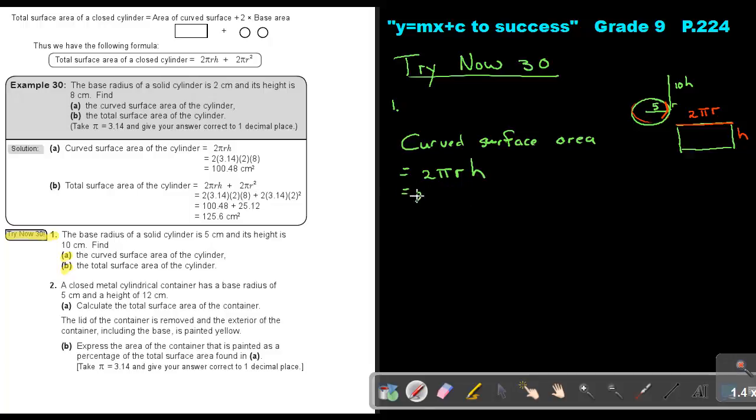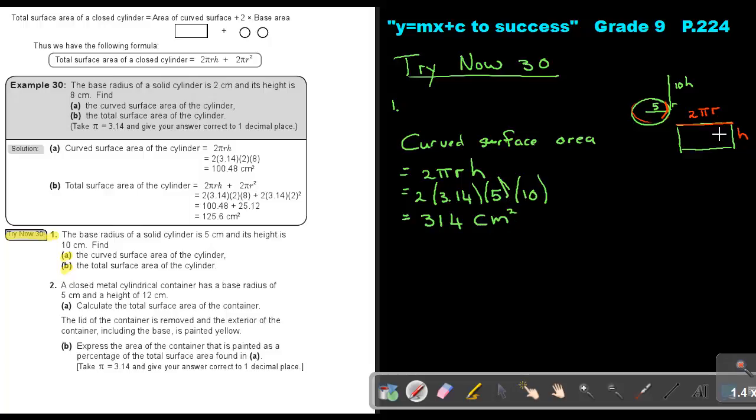Now just substitution. We're going to keep to the 3.14, the radius is 5, and the height is 10. If I multiply all of that out, I get 314, and that will just be the rectangle.